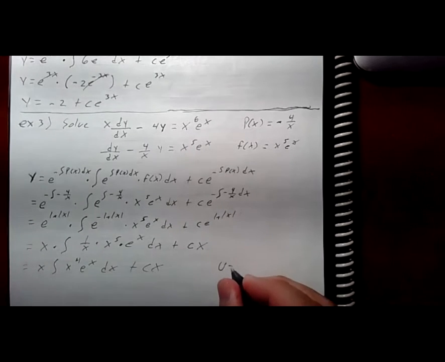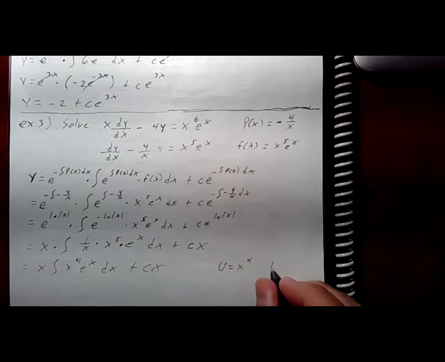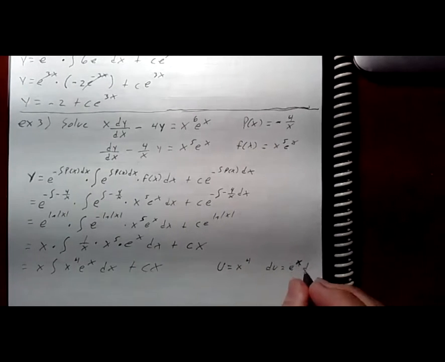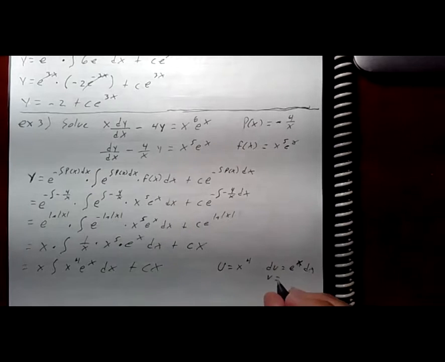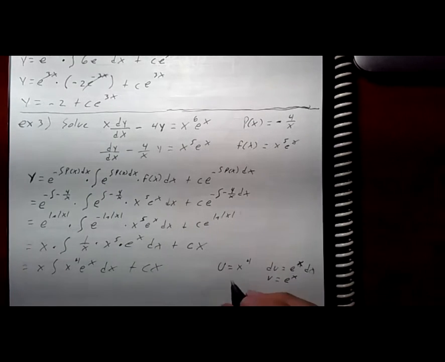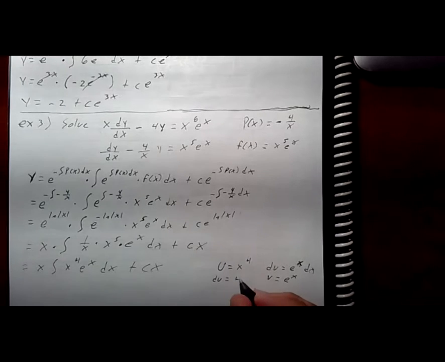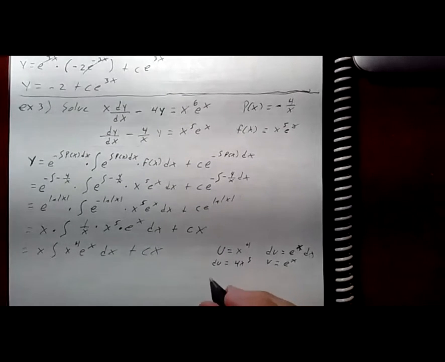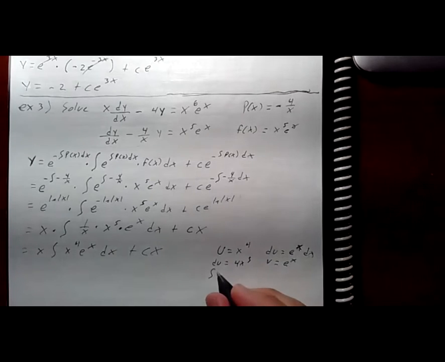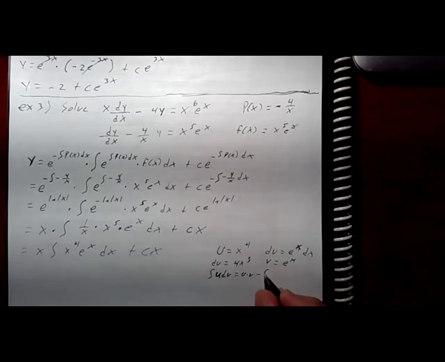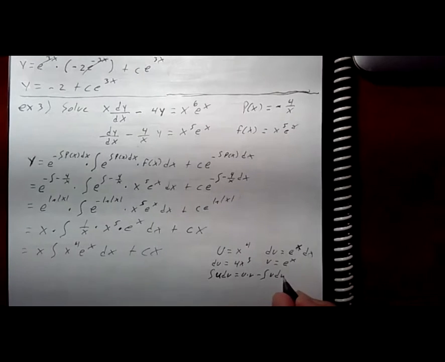So let u equal x to the fourth, dv equal e to the x dx. The integral would be itself, e to the x. The derivative will be 4x cubed. The formula says that the integral of u dv is equal to u times v minus the integral of v du.